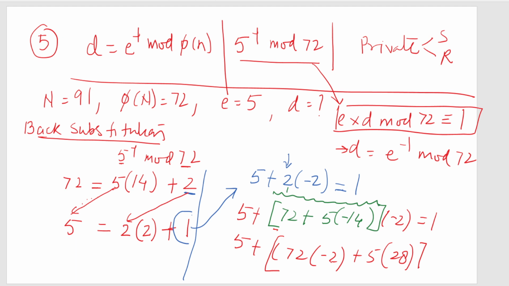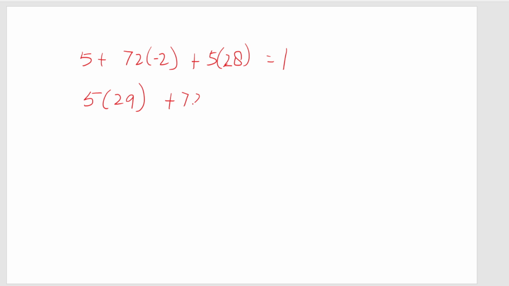This is what we have got. Again we will rewrite it: 5 plus 72 times minus 2 plus 5 times 28 is equal to 1. So you have 5 times 29 plus 72 times minus 2 is equal to 1.